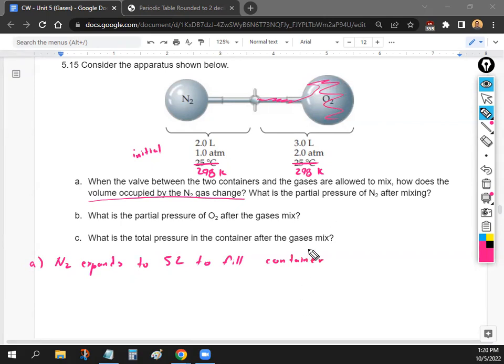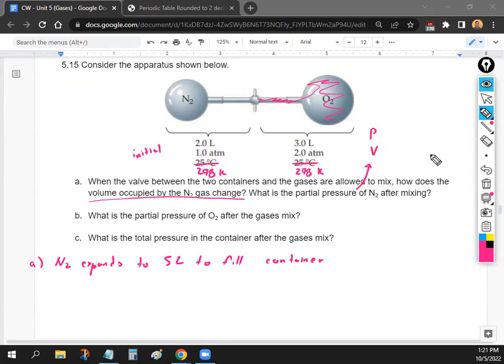Okay, from there, we can figure out what is the partial pressure of N2 after mixing. Now, we're trying to find the pressure because obviously if a gas expands, it's gonna drop in pressure, right? Because it's filling up a bigger container. It takes longer for it to hit the walls of the container. And so for the second part of A, we're gonna have to do a little bit of calculation. Now, what were the two variables that changed?